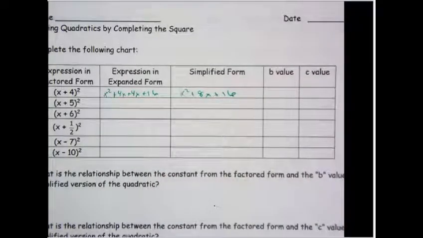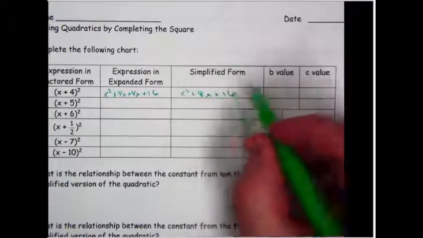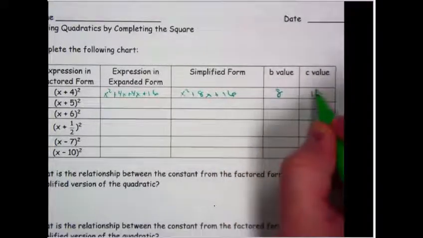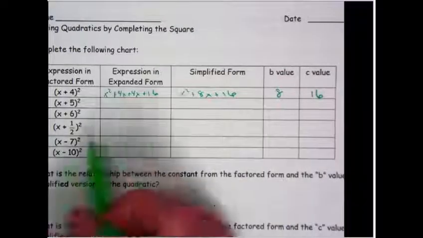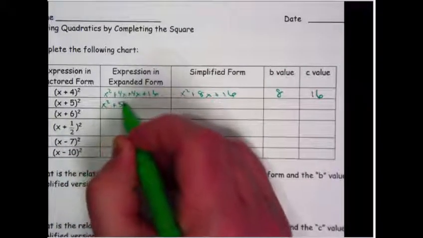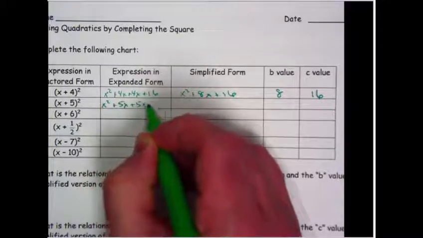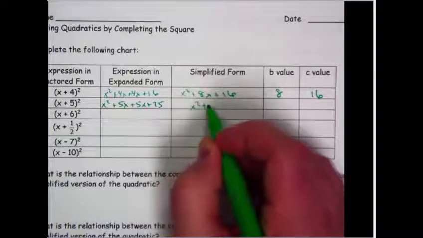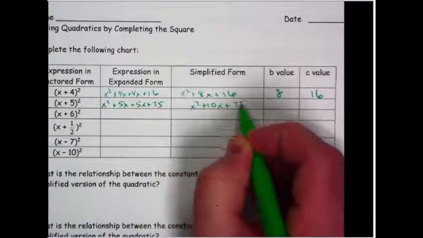Well, as we do a few more of these, we'll see that there are some relationships that are being established. In this particular expression, the b value is 8 and the c value is 16. Alright, so if we do that for the rest of these, this one would be x squared plus 5x plus 5x plus 25, which would be x squared plus 10x plus 25.